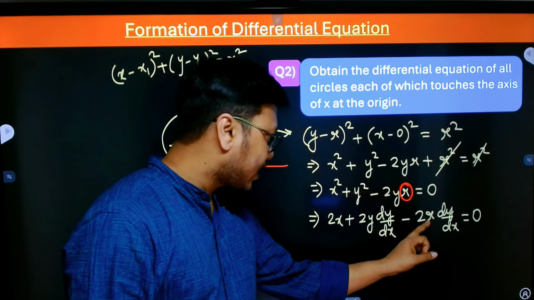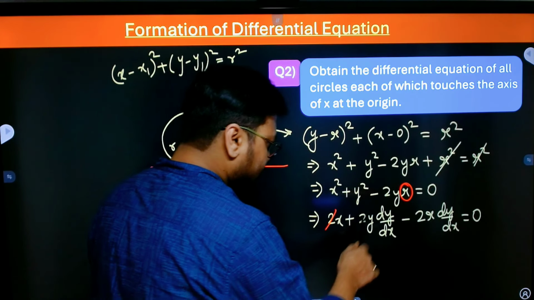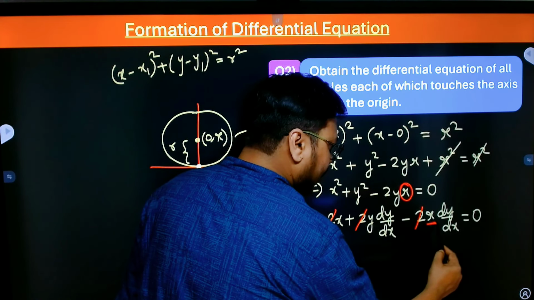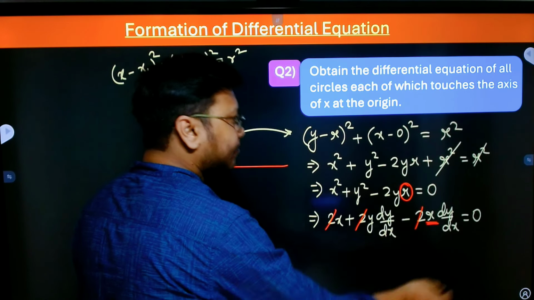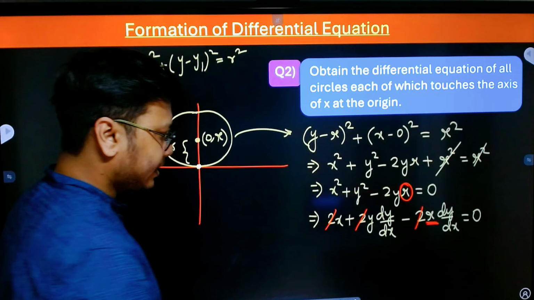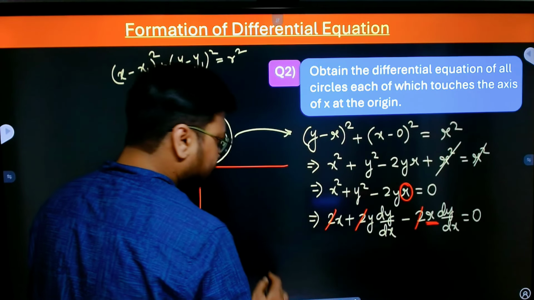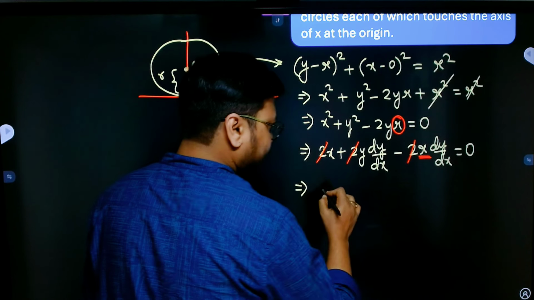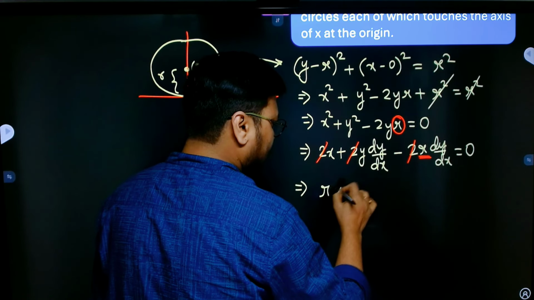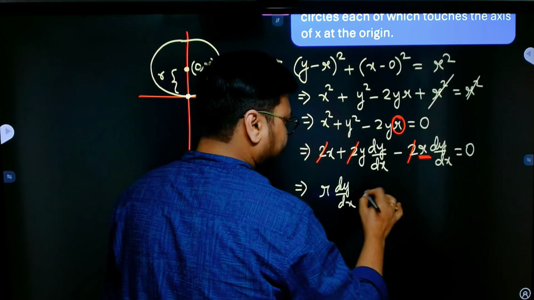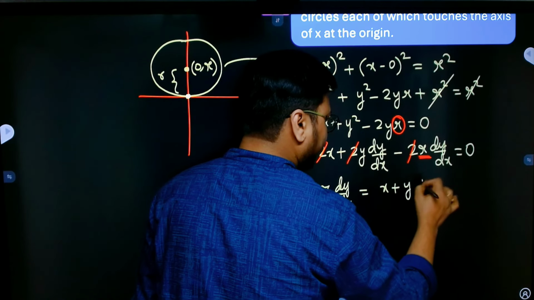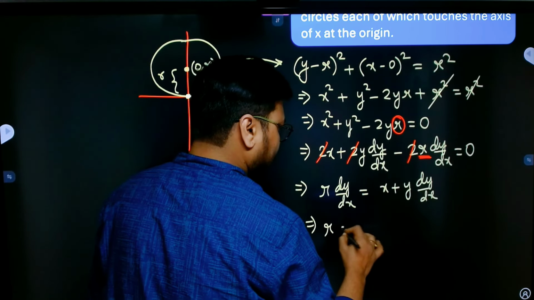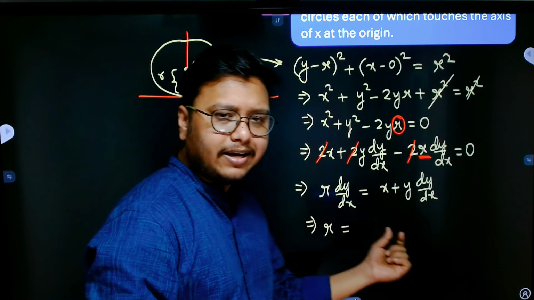From here I can get rid of the 2 first, and then I can find the value of r. After I find the value of r, I can plug it in the first equation again. So I will bring that r on that side, so r dy/dx would be x plus y dy/dx. So r equals that; I will not be writing dy/dx from now on.